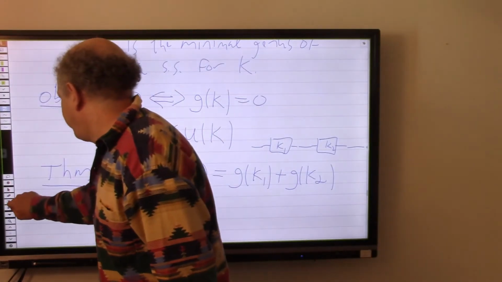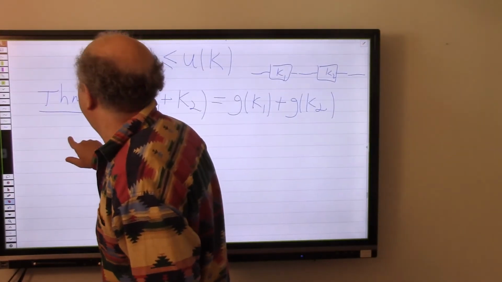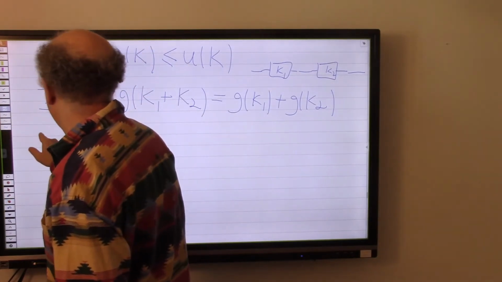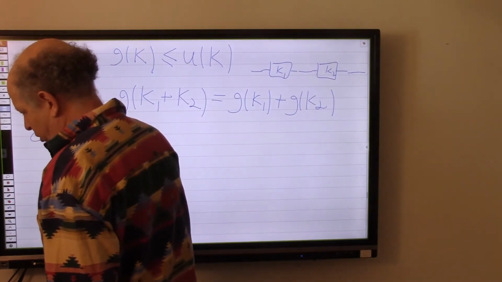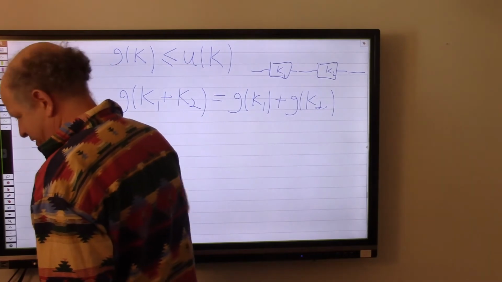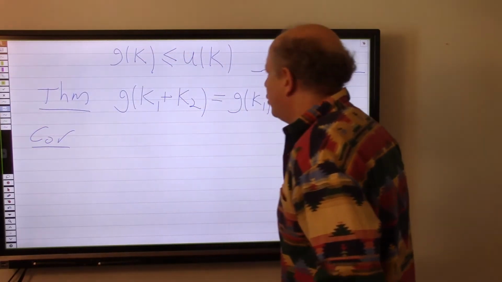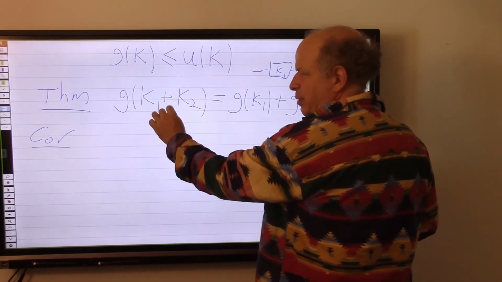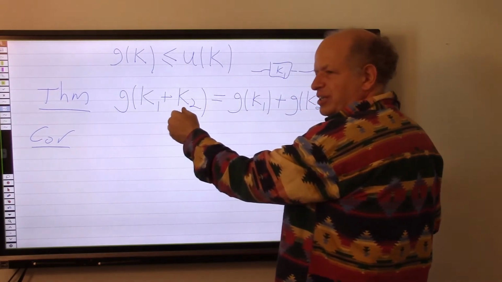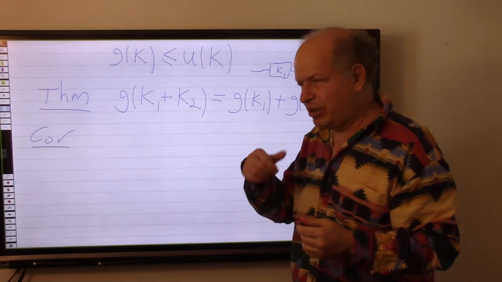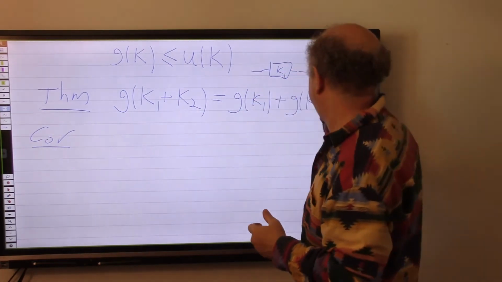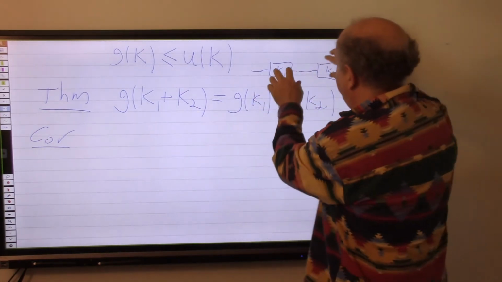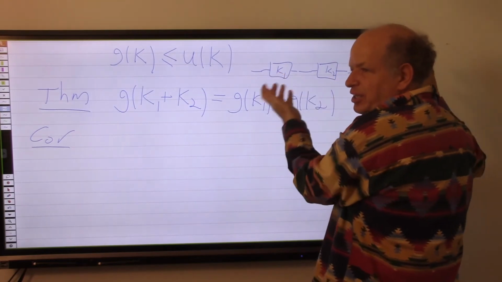The proof is kind of very nice topology, but even before that, a few corollaries. We have this addition operation on knots, and it's clearly commutative, clearly associative.